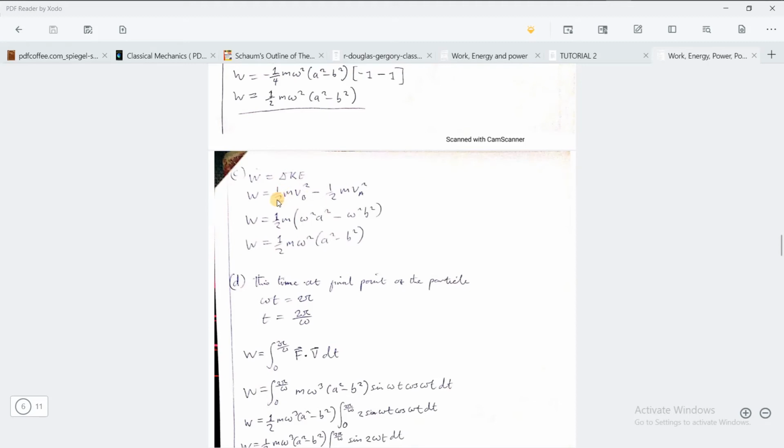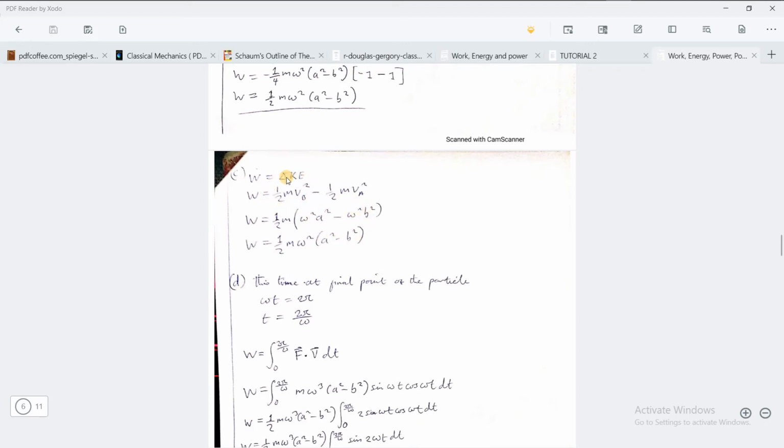So the change would be kinetic energy final, which is at B, this expression, minus kinetic energy initial, which is at A, this expression, because kinetic energy is always given by half mv squared. And the work would just be half m (omega squared a squared minus omega squared b squared).